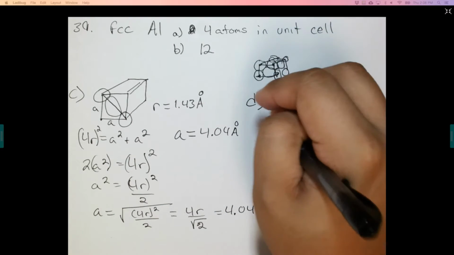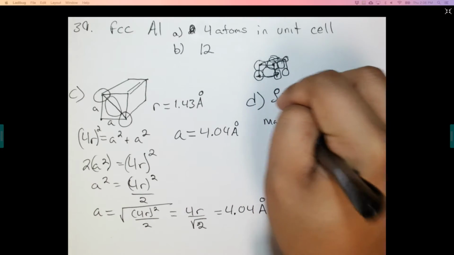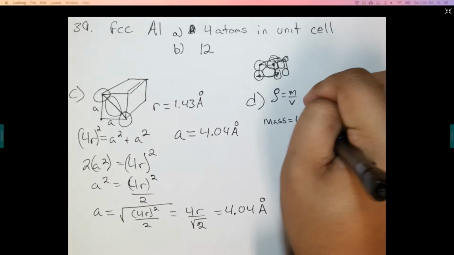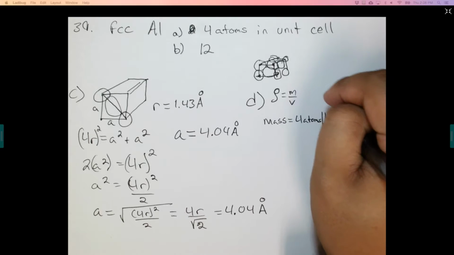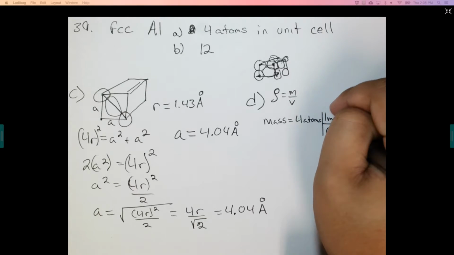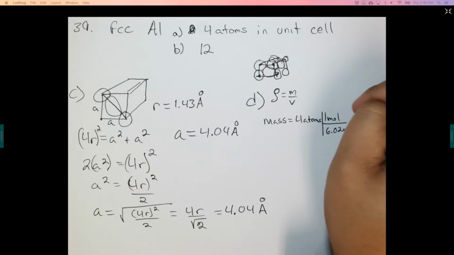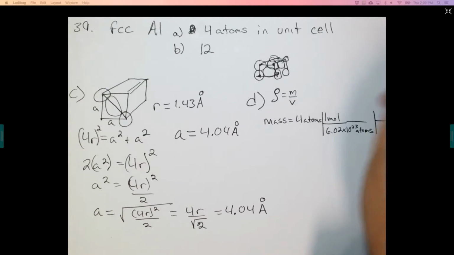So the mass is equal to 4 atoms times 1 mole over Avogadro's number times the molar mass of aluminum, which is 26.98 grams.